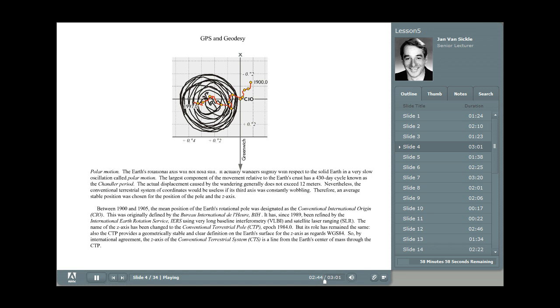And this is an averaged position between 1900 and 1905, and that's the position that is set and agreed upon to be the z-axis of the three-dimensional Cartesian coordinate system we're discussing.